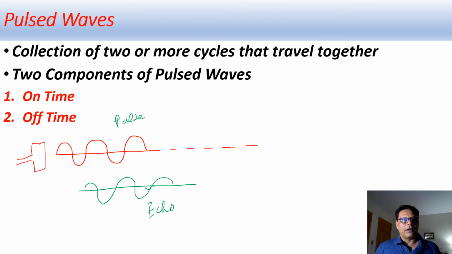So when a transducer is producing a pulse, that is called on time. Or we can say that the transducer is in transmitting mode or in talking mode. And when the transducer is silent, this period is called the receiving period.